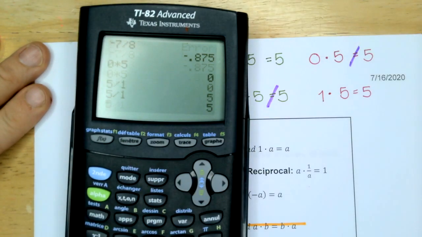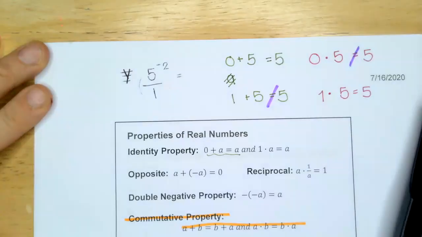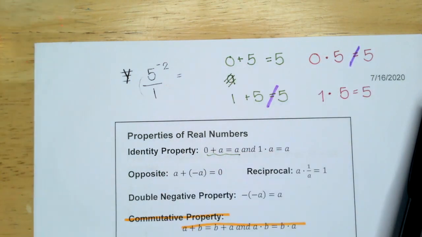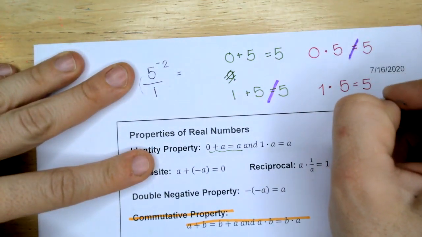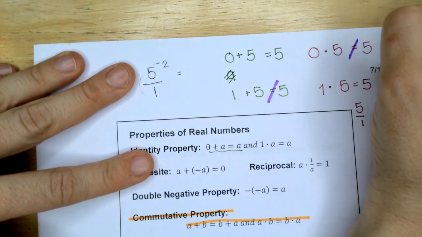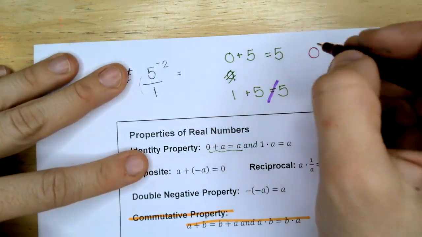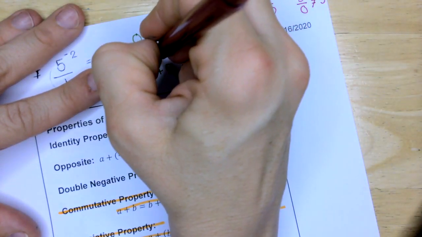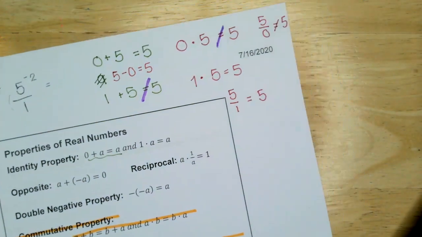5 divided by 1 is still 5, whereas 5 divided by 0 is not 5. Okay, so it works the same with subtraction as it does addition, multiplication as it does division. 5 divided by 1 is still 5. 5 divided by 0 is not 5, right? 0 plus 5, 5 minus 0 is still 5, okay?